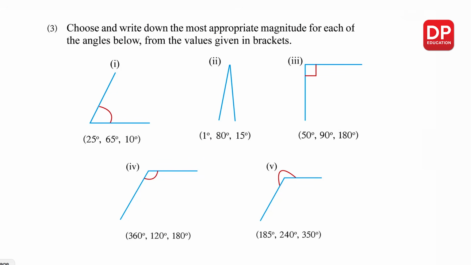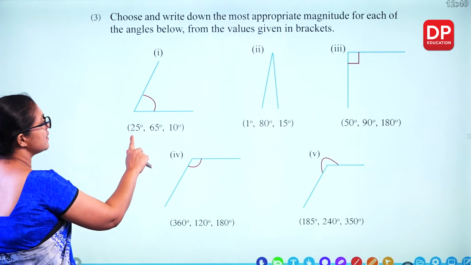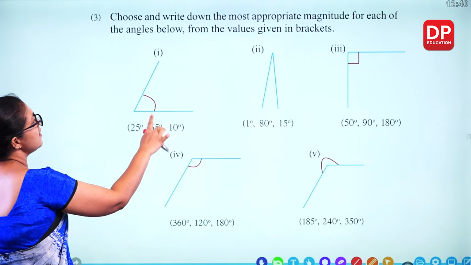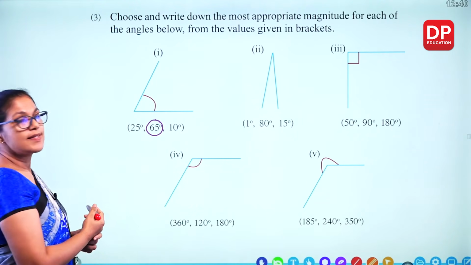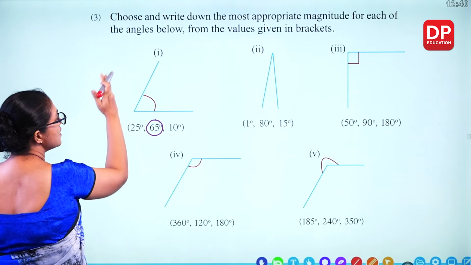Choose and write down the most appropriate magnitude for each of the angles below from the values given in brackets. So this is an acute angle. So 10 is very small, 25, so 65 we can select like that because 90 is here. So more towards the vertical line.